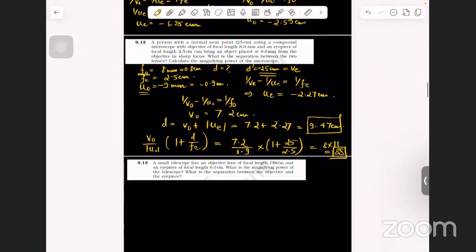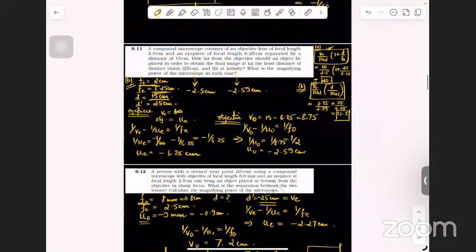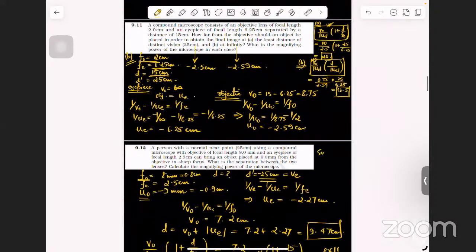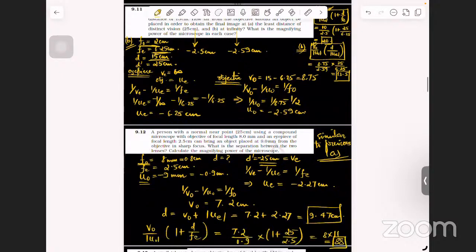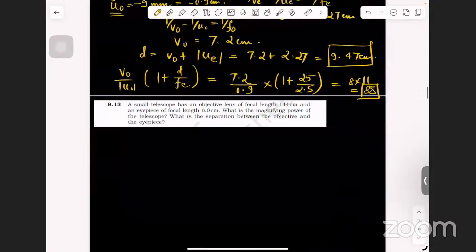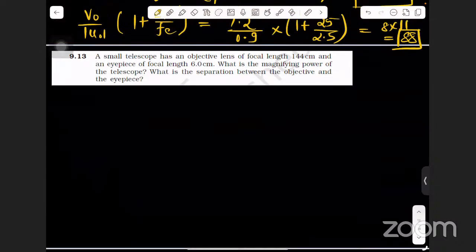Right? Similar to the previous question of the first case, right? Numerical similar to the previous one. Okay, all right. Moving on to the next question.